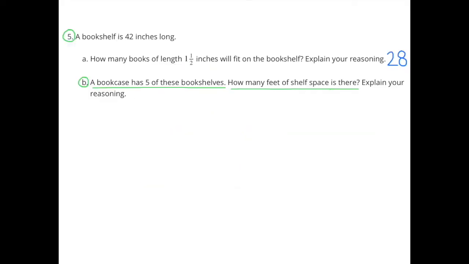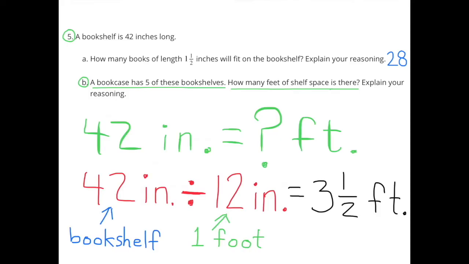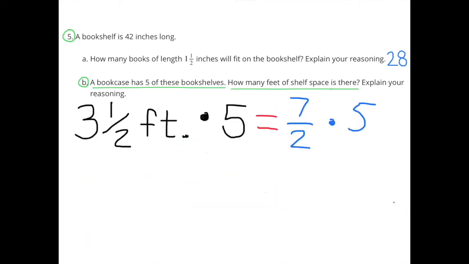B. A bookcase has 5 of these bookshelves. How many feet of shelf space is there? Explain your reasoning. 42 inches equals how many feet? 42 inches divided by 12 inches, since there's 12 inches in 1 foot. That gives me 3.5 feet. The bookshelf's length is 3.5 feet.